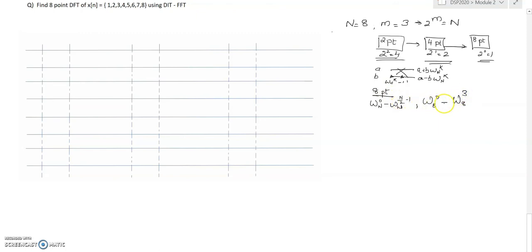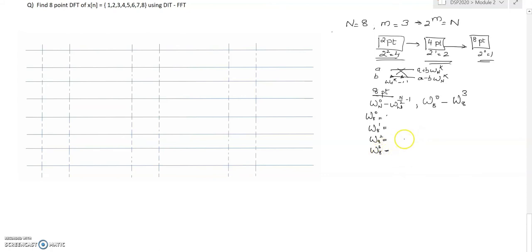So the twiddle factors required here are W_8^0, W_8^1, W_8^2 and W_8^3. So we need to find out these many twiddle factors, which is an important part of this particular thing.